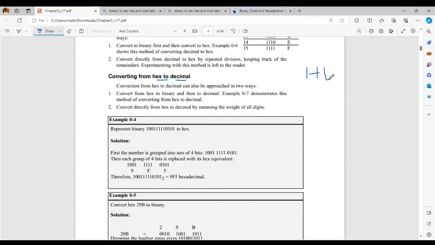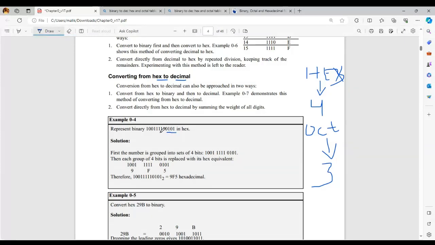Hexadecimal is always of 4 bits. Hex is in 4 bits, and octal is in 3 bits. When a number is given in binary and we have to convert it to hexadecimal, we make groups of 4 bits from right to left.